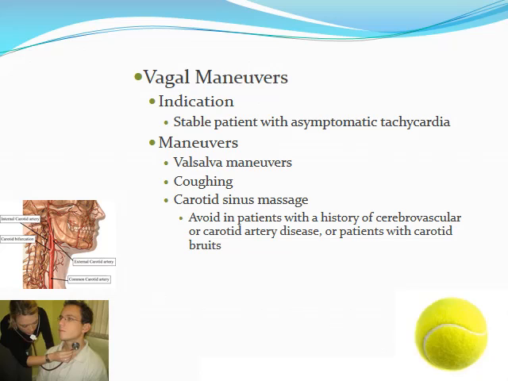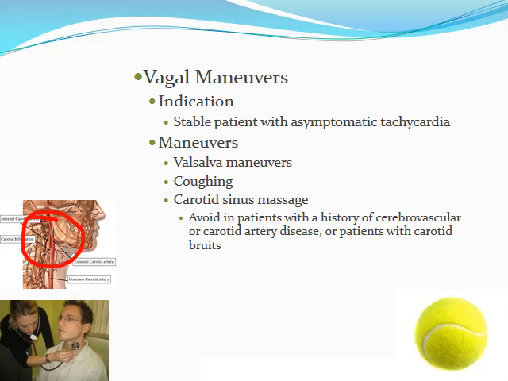If those don't work, you're going to do a carotid massage. Like I said, you're going to auscultate for bruits, and then you are going to push right at the corner of that jaw, because your 10th cranial nerve, the vagus nerve, runs in a sheath with those carotid arteries.